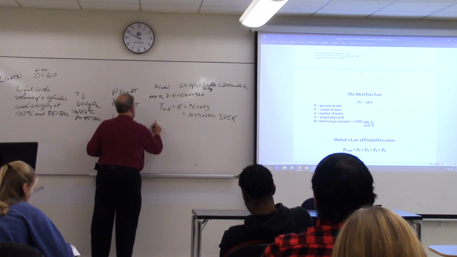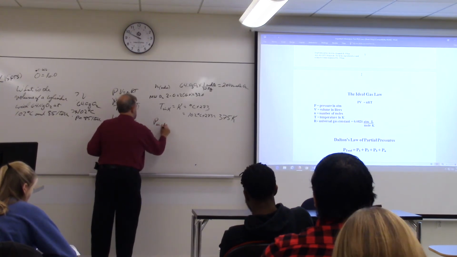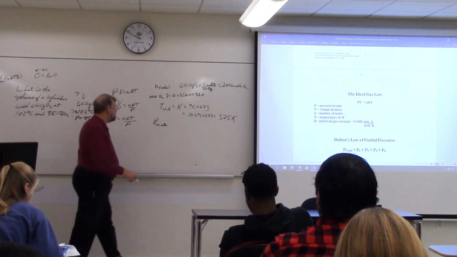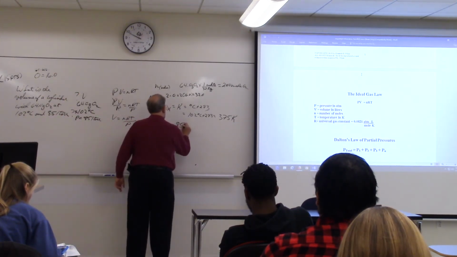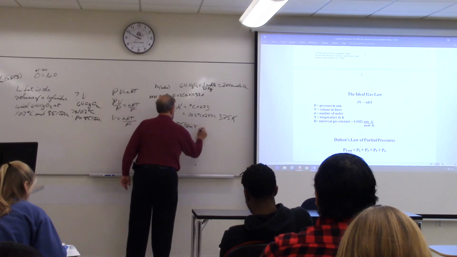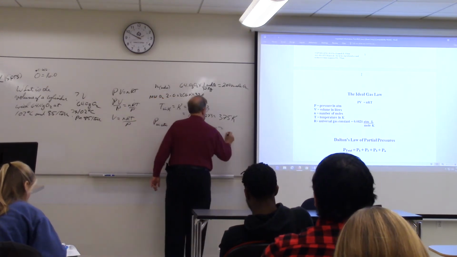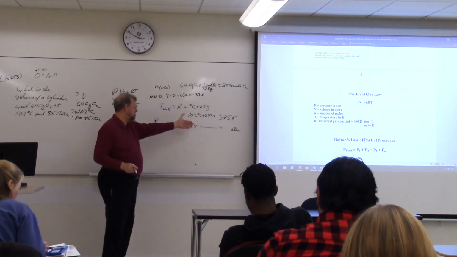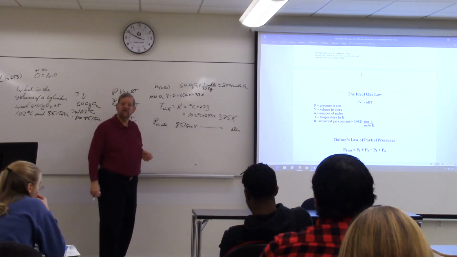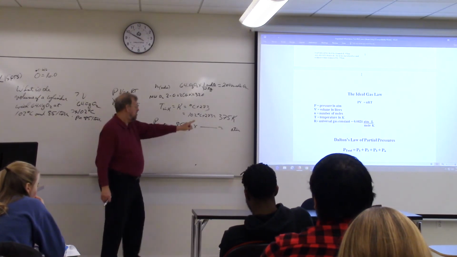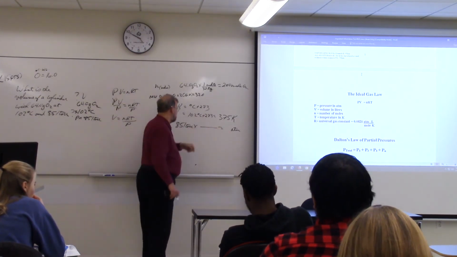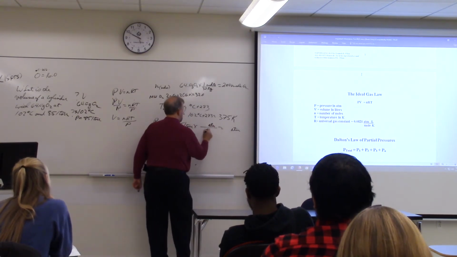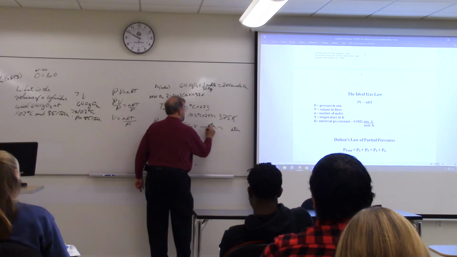And last is P in atmospheres, but we're given it in torr. And how do we do that? Well, we can convert it in one step, so use unit analysis again. What I'm trying to get to goes on top. What I'm trying to get rid of goes underneath.